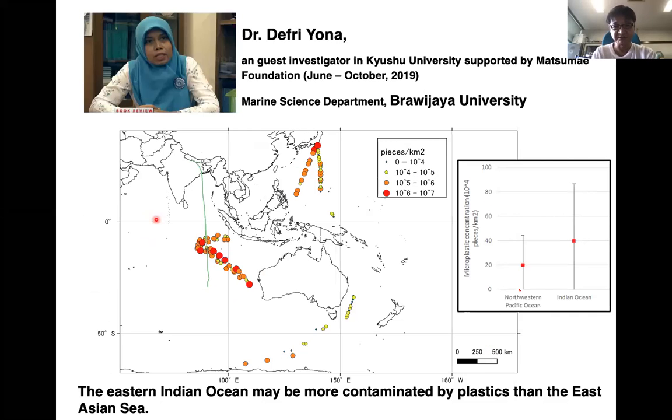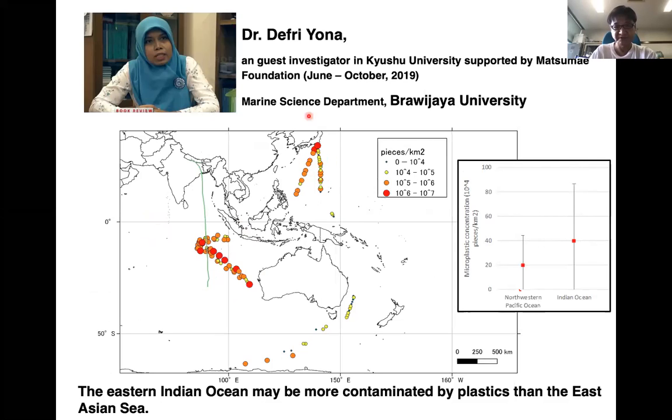So this is the vertical integration to remove the influence of the oceanic turbulence caused by waves and winds over the ocean. You can find that the abundance of the microplastic in the Indian Ocean is also higher. In general, the microplastic abundance in the Indian Ocean is higher than in the ocean around East Asia and the North Pacific.